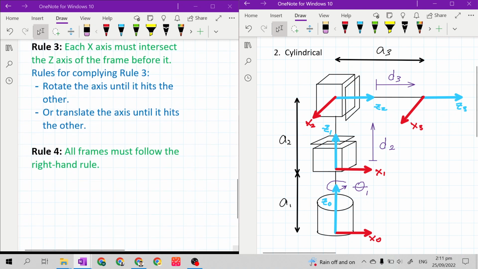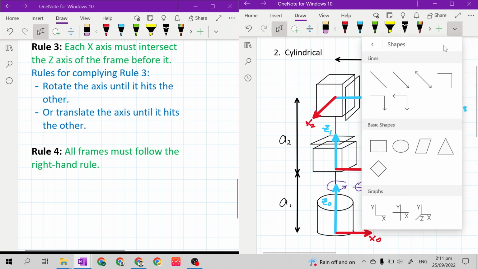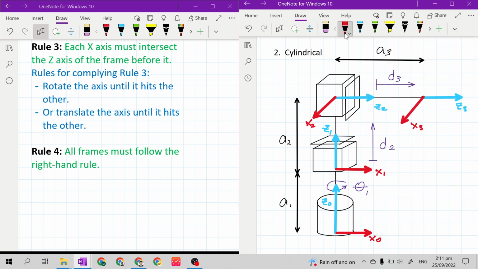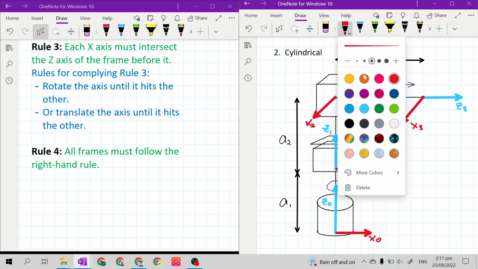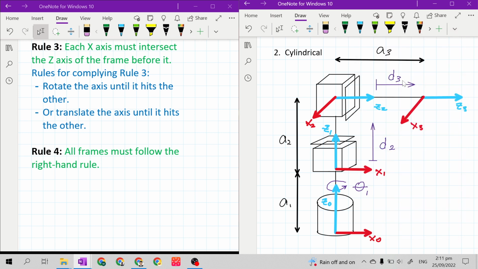So let's go to the last rule, rule 4. All frames must follow the right hand rule. Rule 4 is all about the y-axis. So the right hand rule is this.